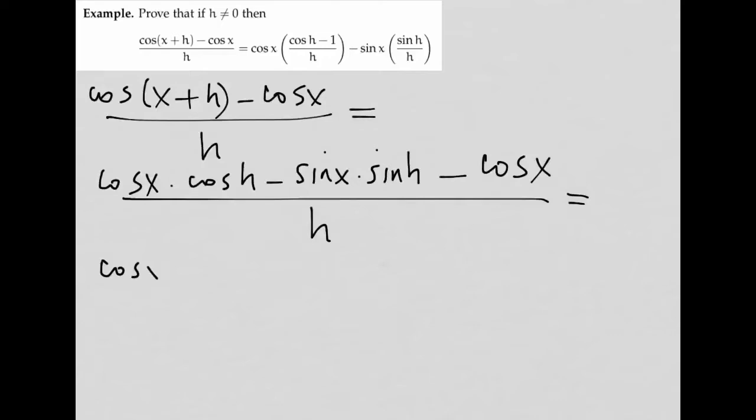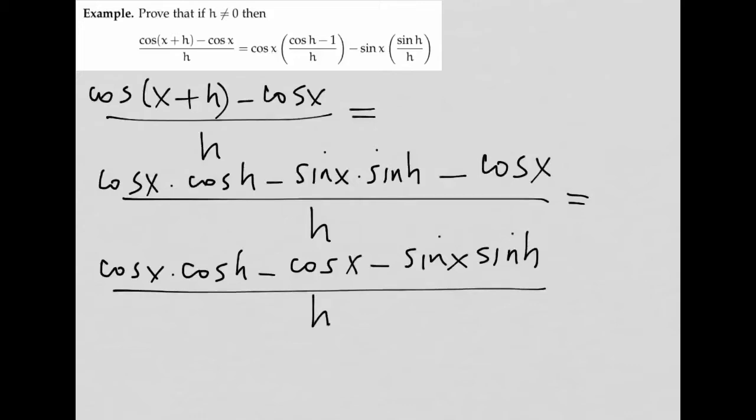We have cosine x cosine h minus cosine x minus sine x sine h, all divided by h. All I did is swap the last two terms.